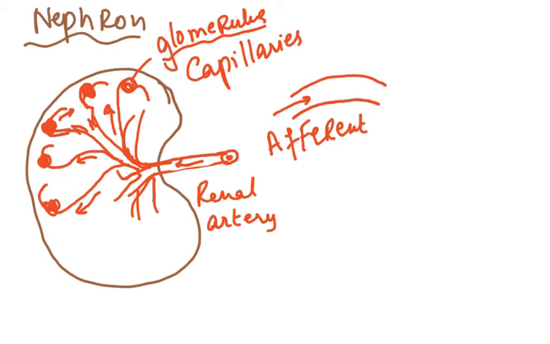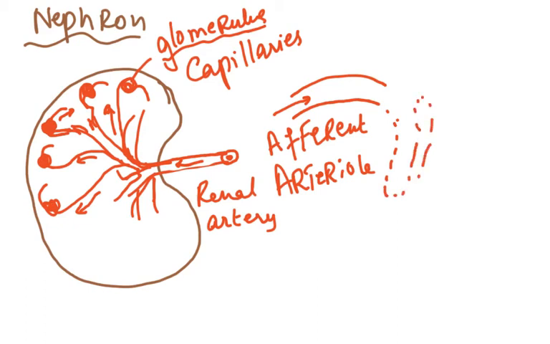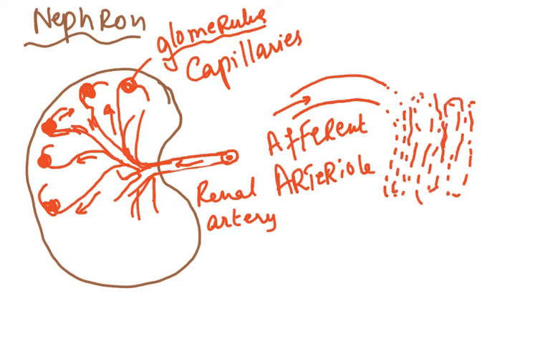Afferent arteriole, and then of course it is going to end up in these capillaries. And you know the capillaries have, so that's why I'm drawing a dotted line. So these capillaries are going to form a bunch of these capillaries here, which I might not have drawn very exactly. And then there's a vessel which leaves it.